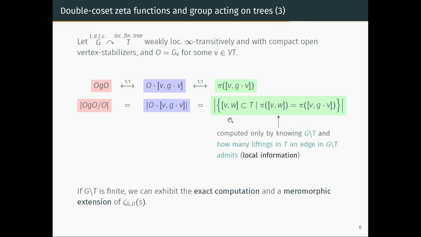And so this quantity can be computed only by knowing the quotient graph and how many liftings any edge of the quotient graph admits, which are local pieces of information that are potentially easier to cope with. So with this, and assuming that the quotient graph is finite, we can find an exact computation of our zeta function and its meromorphic continuation. In particular, we can evaluate this zeta function in potentially every point of the complex plane.